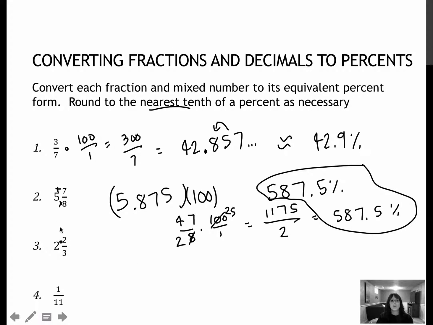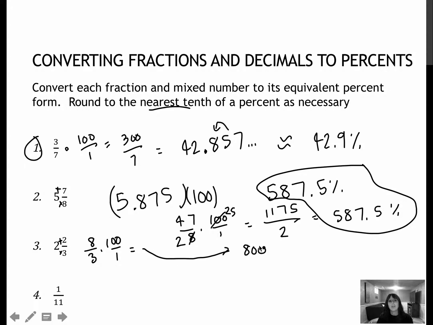For 2 2/3, it's going to be similar to this one where I did not get a nice whole pretty answer. So I will have to round to the nearest tenth. Again, your choice. You can take 2 times 3, which is 6, plus 2, that's 8/3, times 100 over 1. Nothing reduces. I'm running out of room.